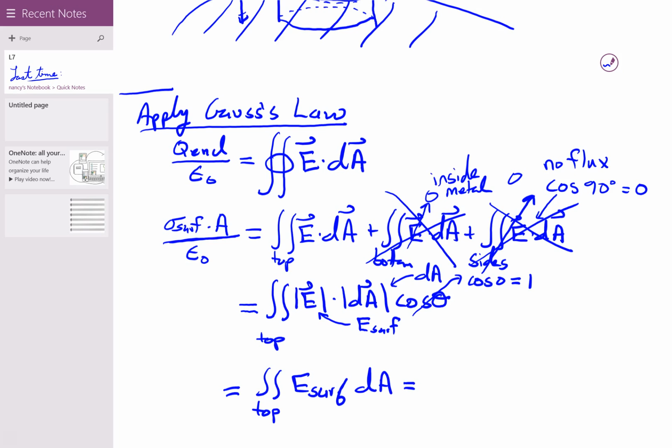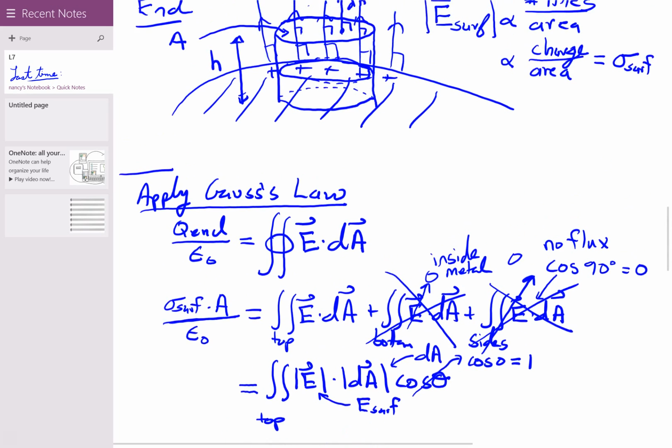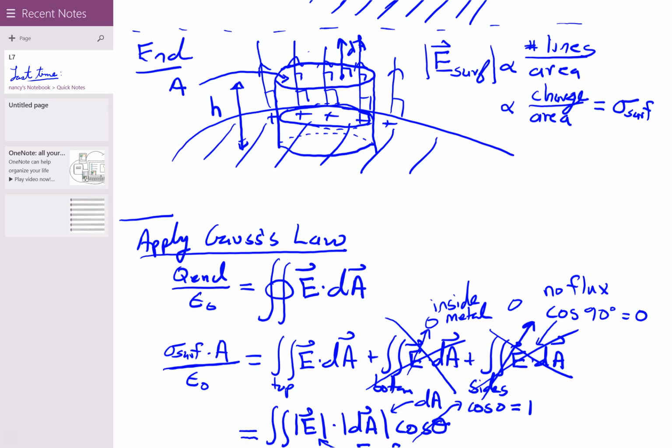And now let's look a little more closely at what we're doing. I've drawn this somewhat tall, but I want to take the limit that h goes to 0. I want to make this a very small and tiny box.